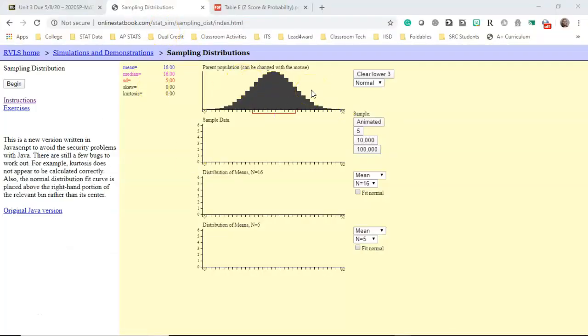So here we have a normal distribution, and I'm going to look at samples of size 5 and then samples of size 20. Let me clear, I'll redo it.